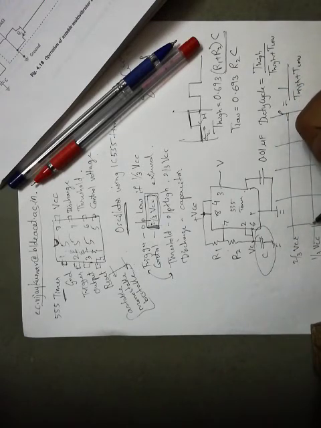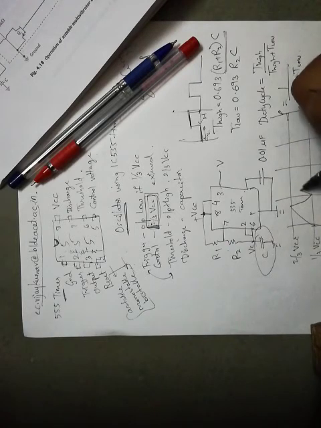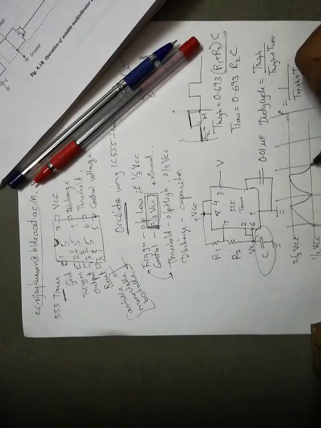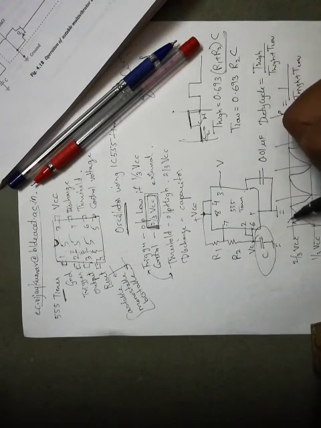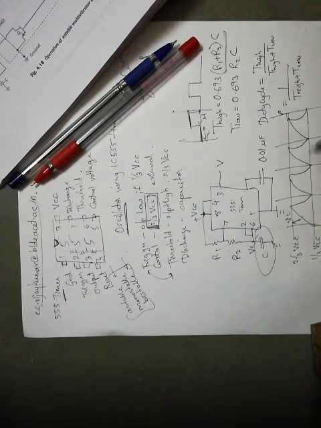Say the capacitor charges, discharges. Because R1 and R2 are used, charging takes longer, discharging happens fast, charge, discharge. So we are taking the reference of how much the capacitor is charged. We call this VC.